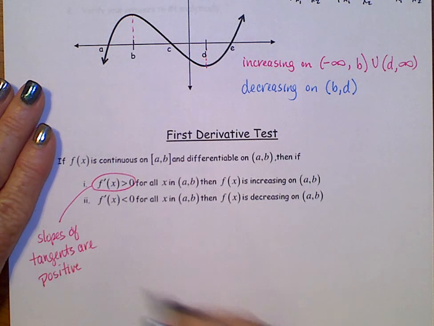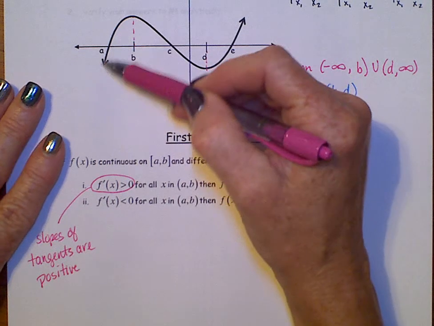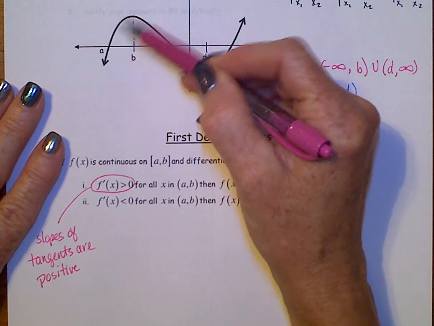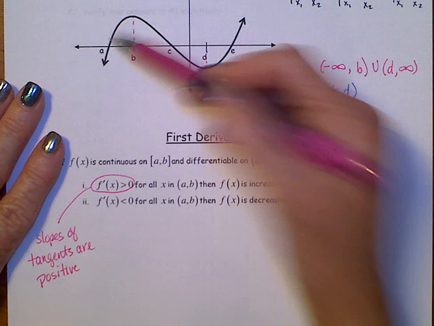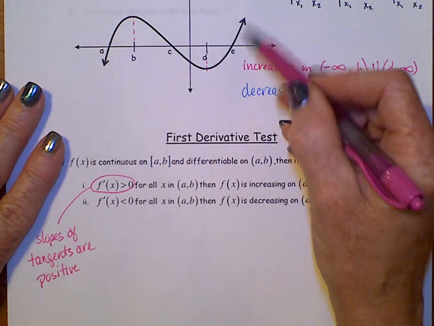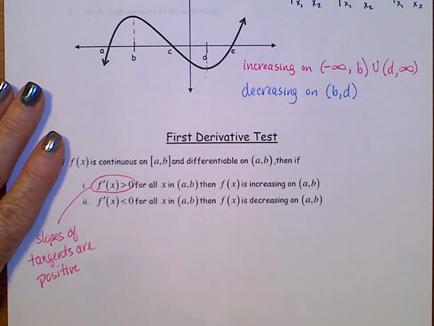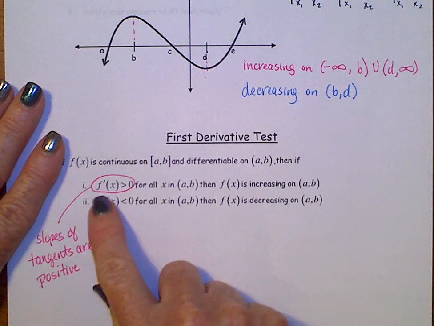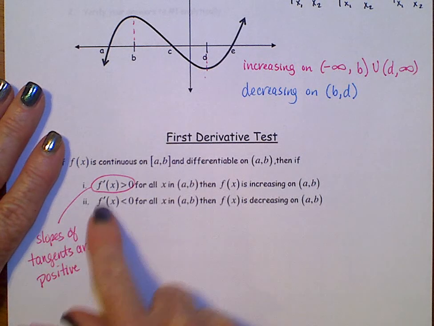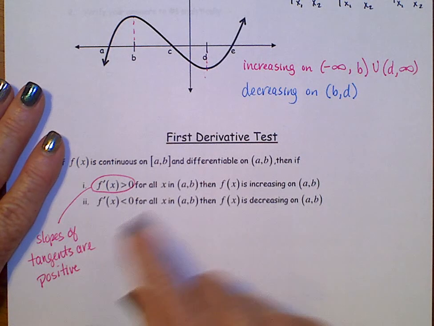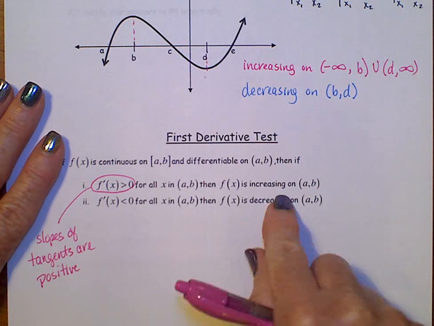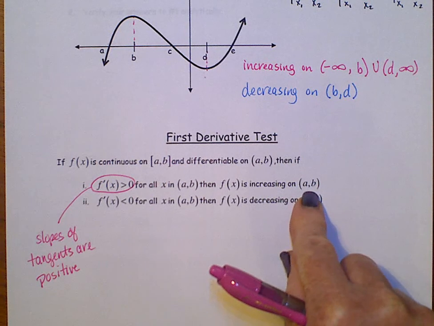And that makes sense. Up here where we said increasing, all these slopes in here are positive. Likewise, over here, slopes are positive. So again, if f prime of x is greater than 0, positive slopes of tangent lines on this interval, then f of x is increasing on the interval from a to b.